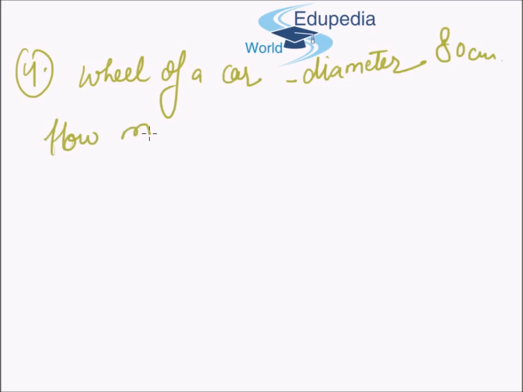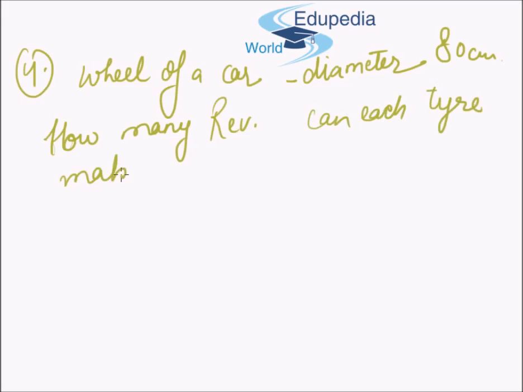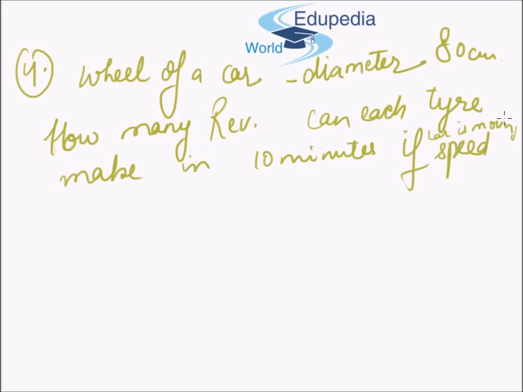How many revolutions can each tire make in 10 minutes if the car is moving with a speed of 66 kilometers per hour, that is 66 kmph?